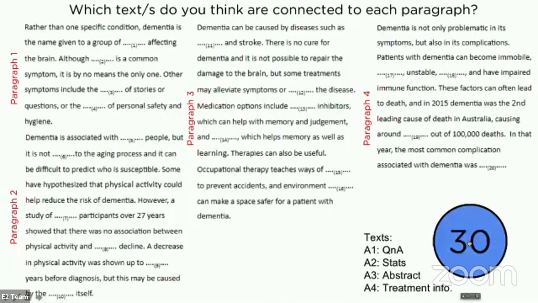Give you 30 seconds. Just a little clue. Some of them will include just one text. Some paragraphs might include more than one text.